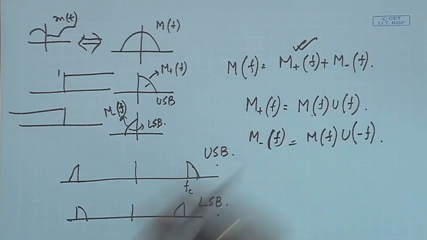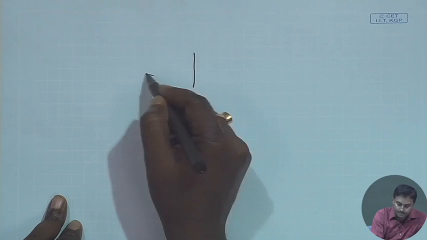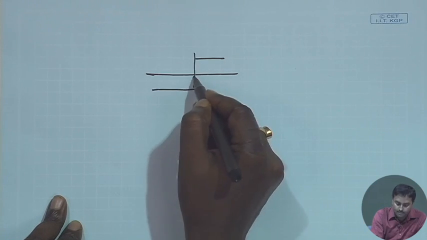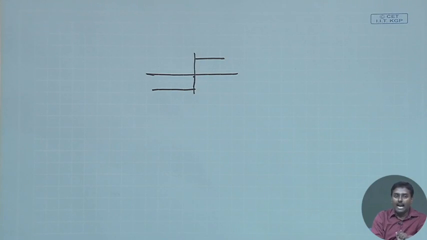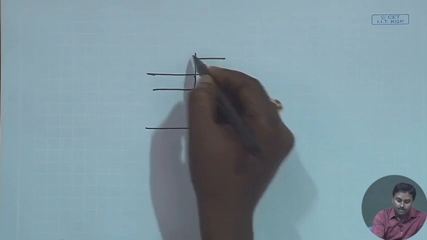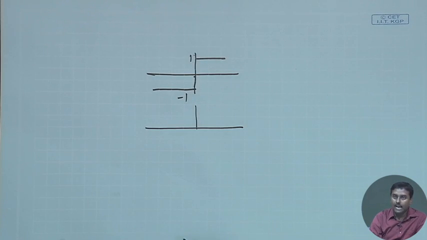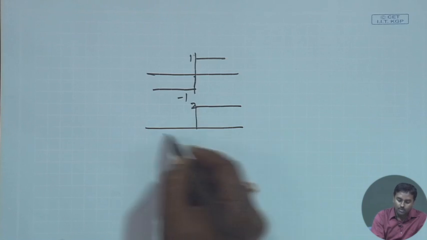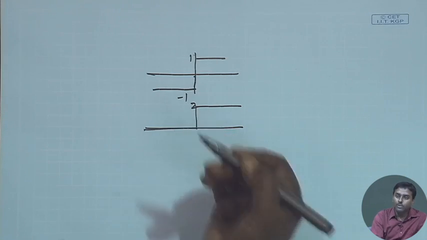Now the good part is that this UF can be represented with respect to the signum function, which is nothing but this thing. If I add 1 to it, this is 1, this is minus 1, so this will go to 2 and this will be 0, and then put a half.